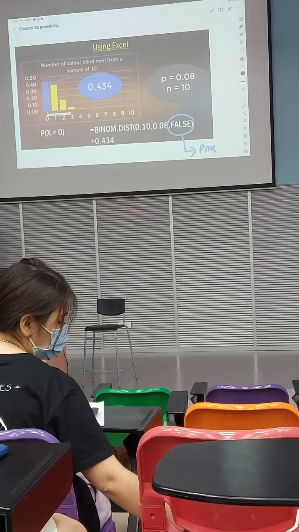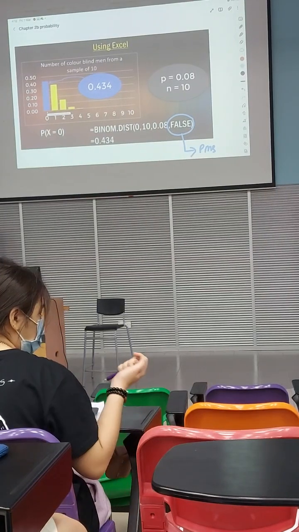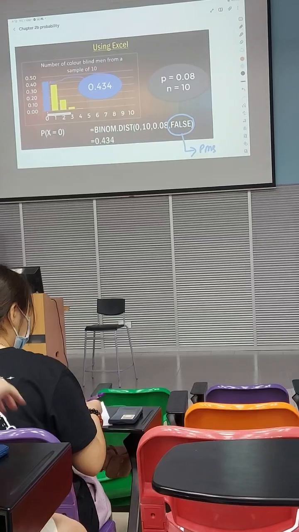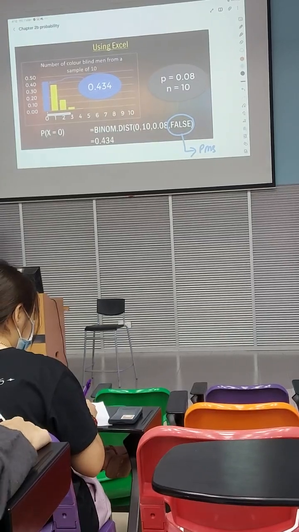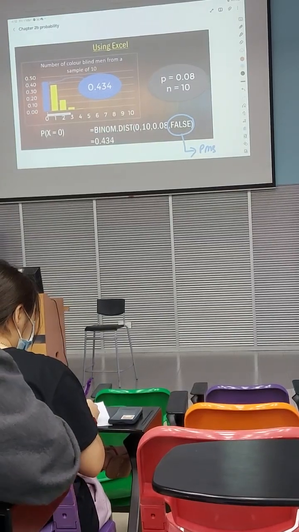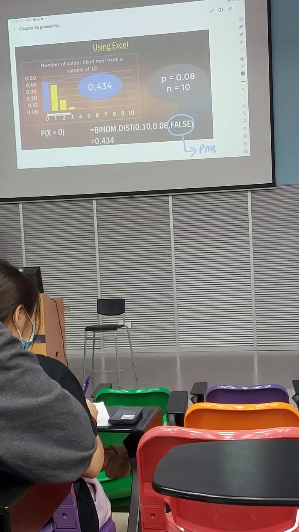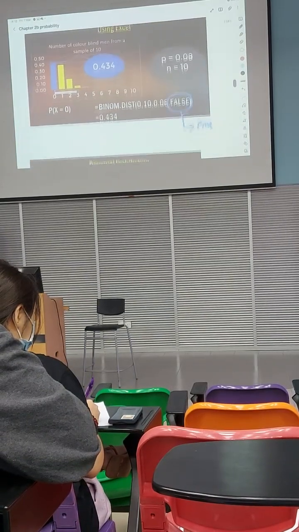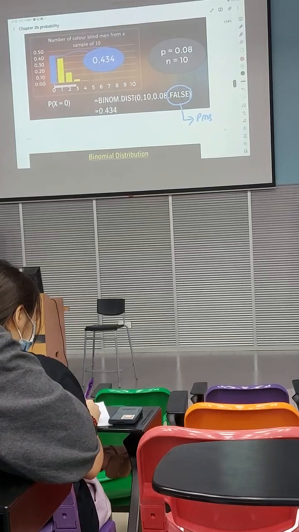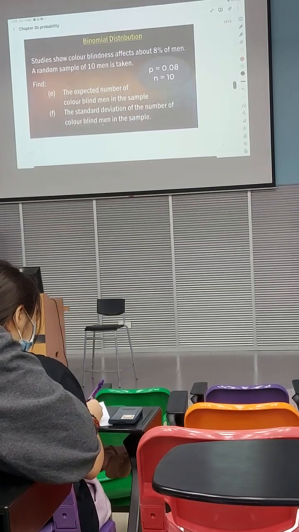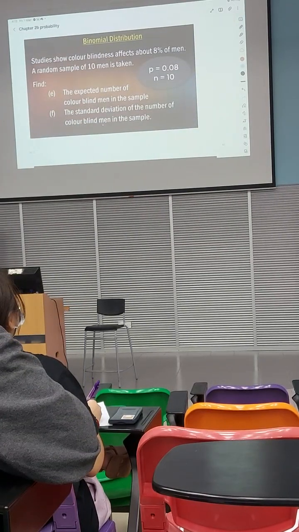What is meant by probability mass function? We only want to know the probability at a particular discrete value. If TRUE, it means you accumulate the values together, 0 to 1, 0 to 2, etc. Understand? That is why sometimes you need to use TRUE, sometimes FALSE. I still have 2 slides.